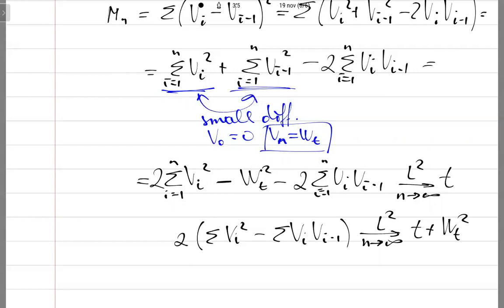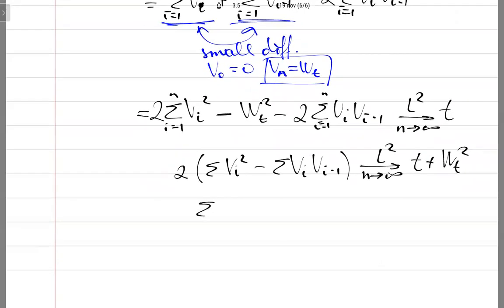Because we are almost on the top of our mountain that we will achieve after the long climb. So the sum of vi squared minus the sum of vi vi minus 1 tends to what? Divided by 2. Exactly, T plus WT squared, divided by 2.